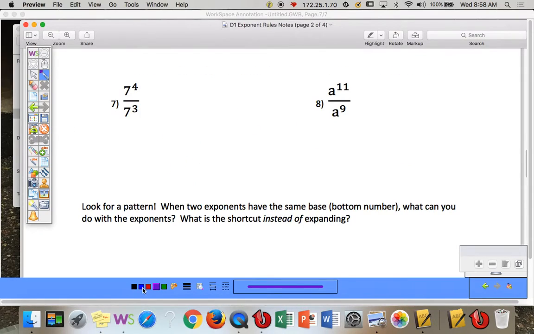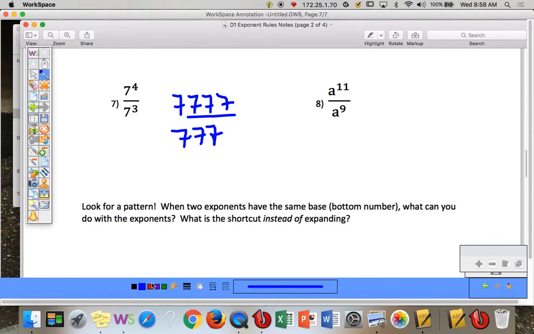7 to the 4th means 4 7s on top, over 7 to the 3rd. So we're going to cancel, and we're left with 7 to the 1st power, which we can just leave as 7. How about this?